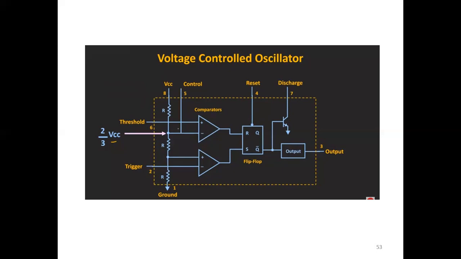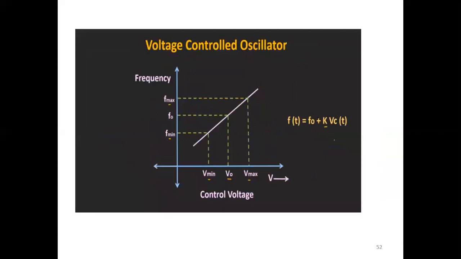When R is equal to 1 and S is equal to 0, the output will be reset, that means the output will be 0. When both signals are 1, it is considered a forbidden condition. This output Q bar will define the output, the particular frequency. So this is the concept of the voltage controlled oscillator.